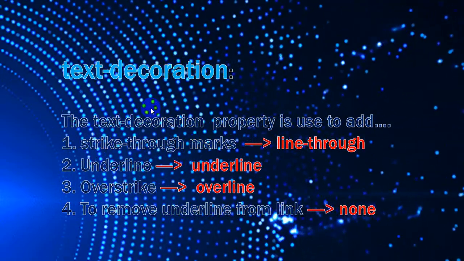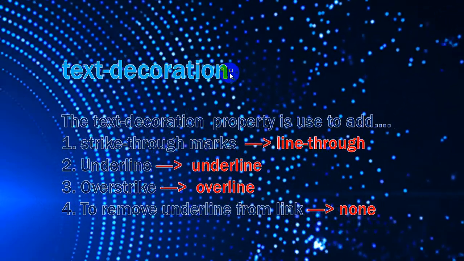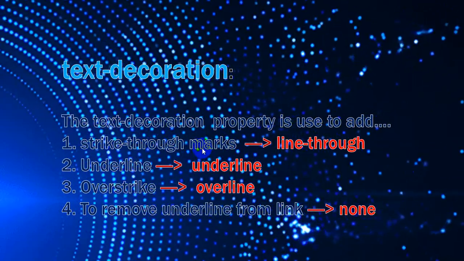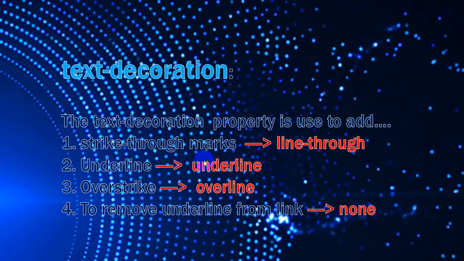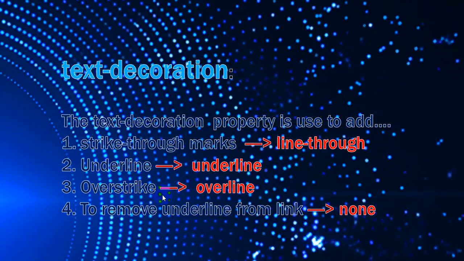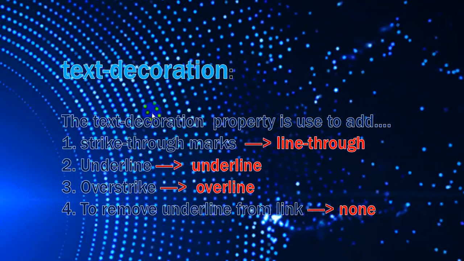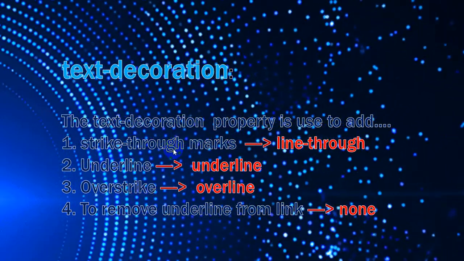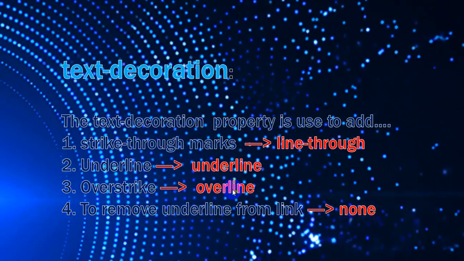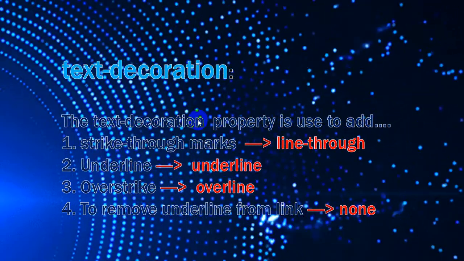But if you are using CSS, then the CSS text decoration property provides a value that is underline. Okay, then just the opposite of underline, we have the overline value. In text decoration if you assign the overline value, you will get a line over the text.